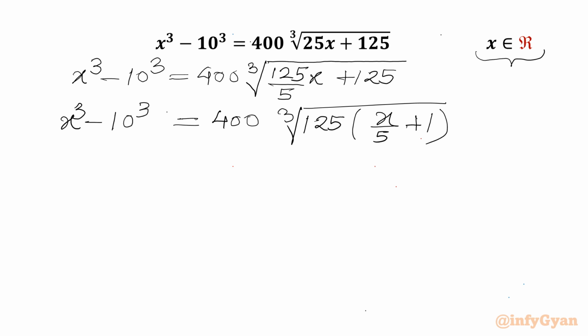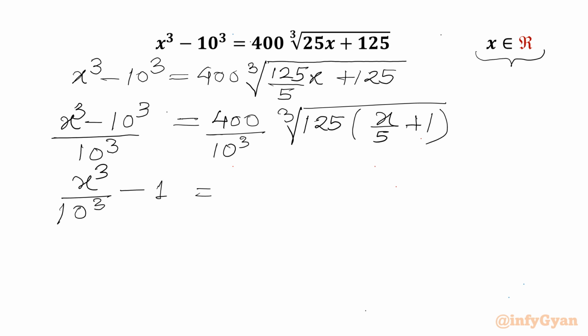Now I will divide both sides by 10 cube. Now I can split our LHS, so I can write x cube over 10 cube minus 10 cube over 10 cube. This will be 1 equal to 400 over 10 cube, so 1000.